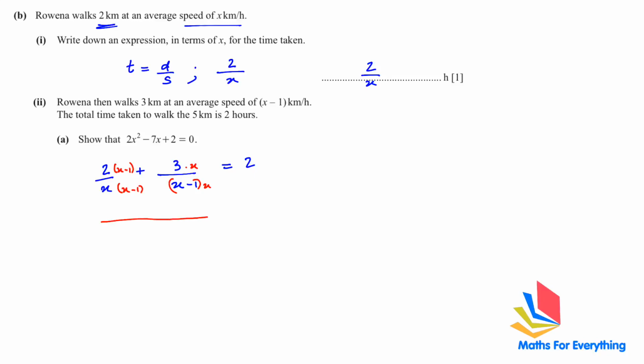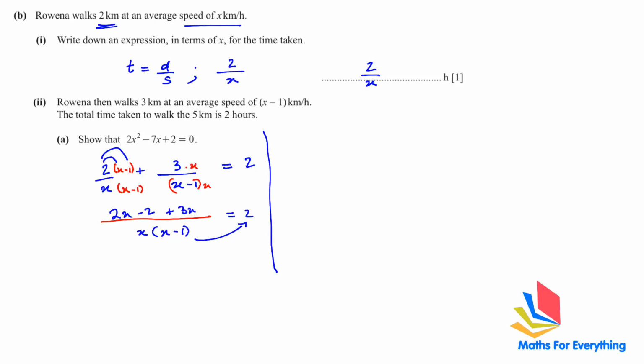Now I can write it as a single fraction. So I can write it as 2 times x minus 1 plus 3x over x times x minus 1, is equal to 2. Let's expand the bracket here. 2 multiplied by x, 2x. 2 multiplied by negative 1 is negative 2, plus 3x. We don't want anything in the denominator. This will move to the other side.